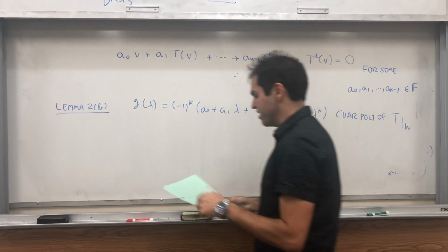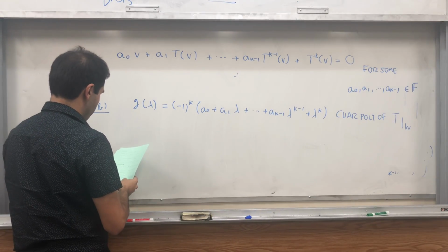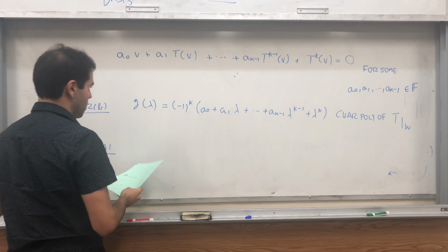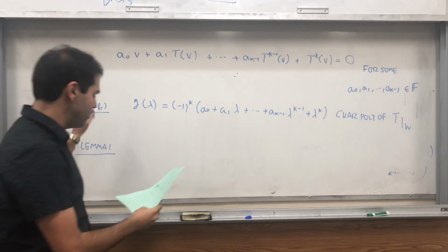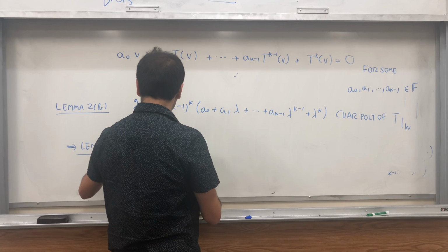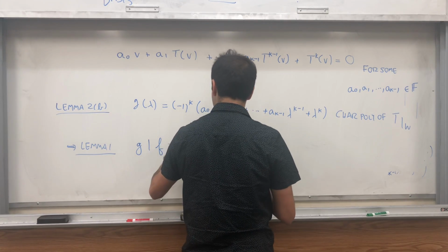So, by lemma 1, because this is a characteristic polynomial of the smaller space, we know that g divides the characteristic polynomial of T.